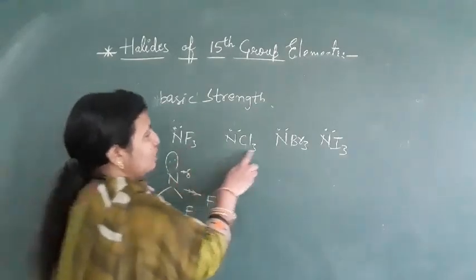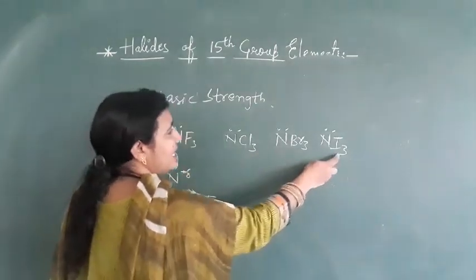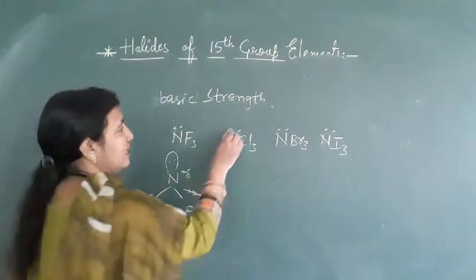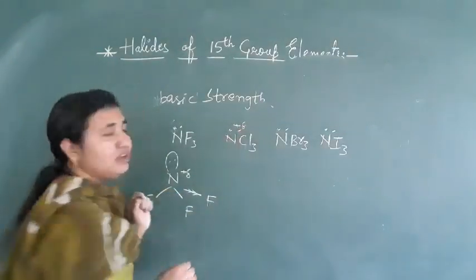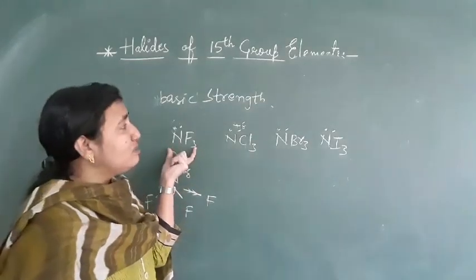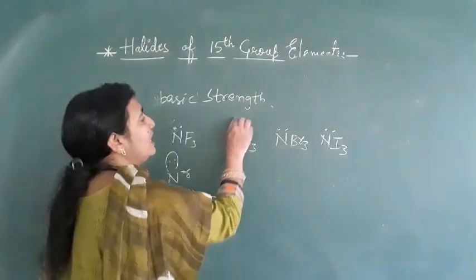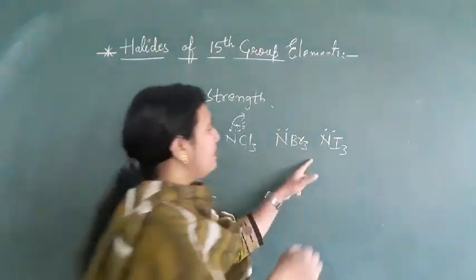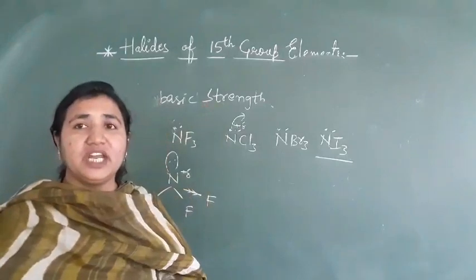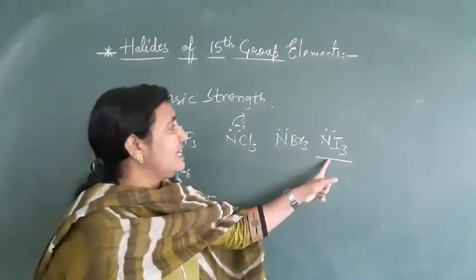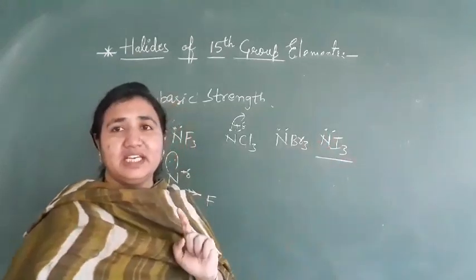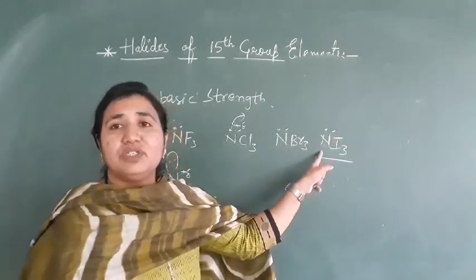But as we go down from chlorine, bromine and iodine, the electronegativity decreases. That's why the partial positive charge will not form as it does in NF3, so they can donate the lone pair of electrons easily. If you compare, iodine is the least electronegative element in these halides, so the lone pair can be donated easily because the partial positive charge will not form.